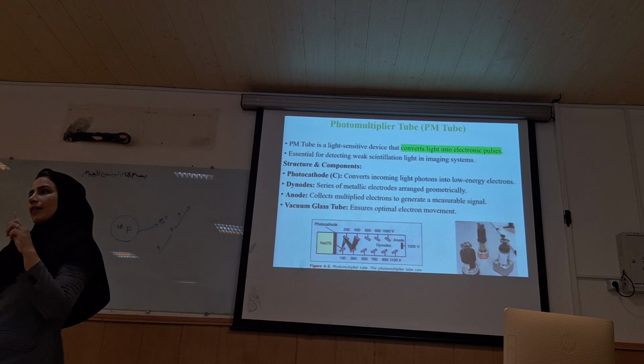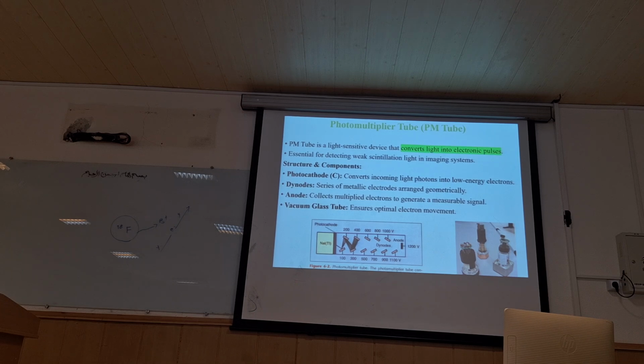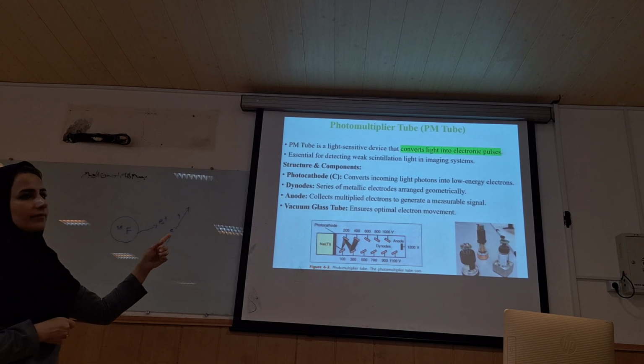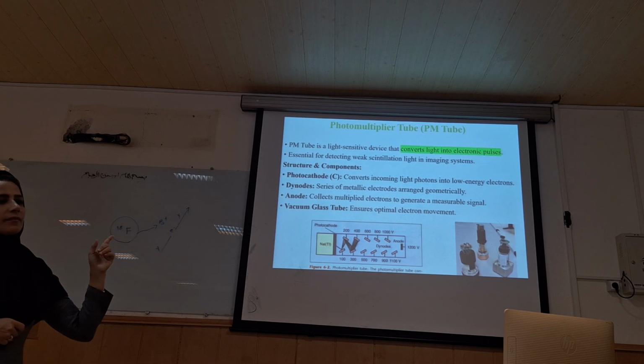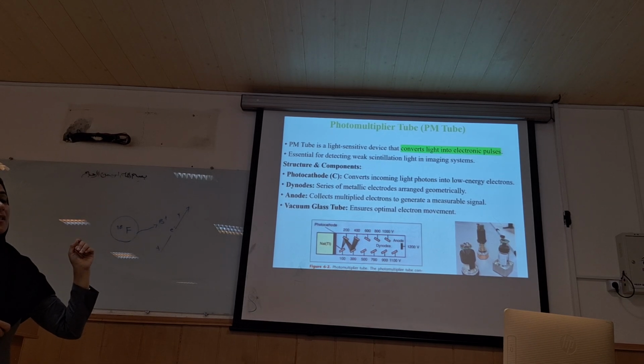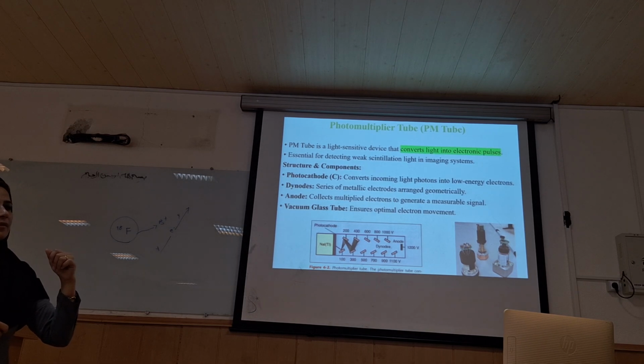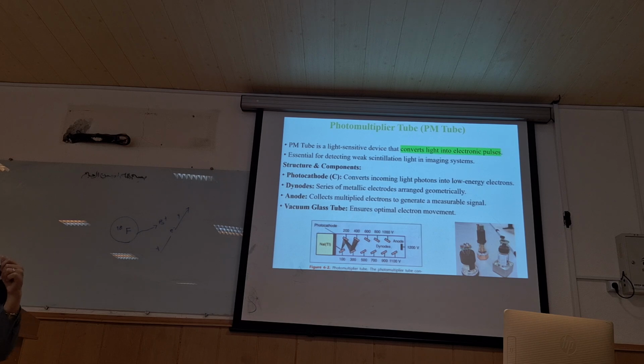Okay, can we review the process of the PM tube? We change the light photons from the crystal to an electron signal at the photocathode. Then we should amplify, because we have few electrons and we need more.